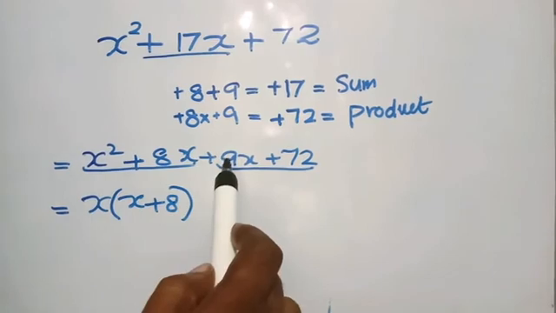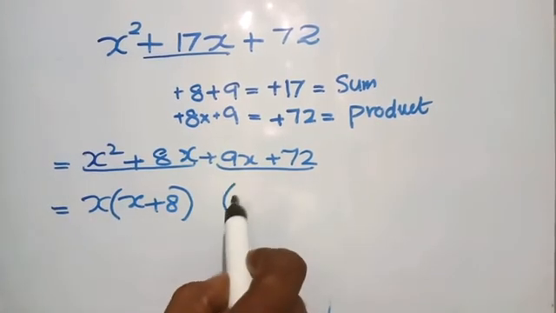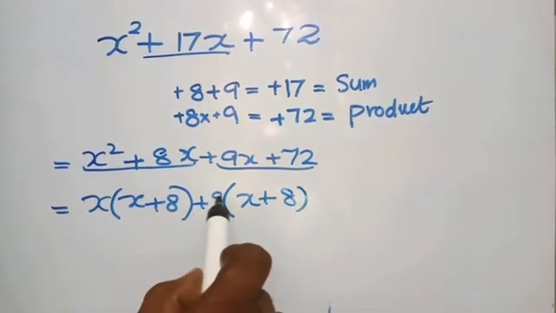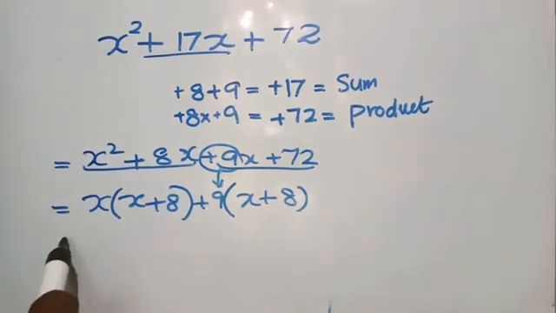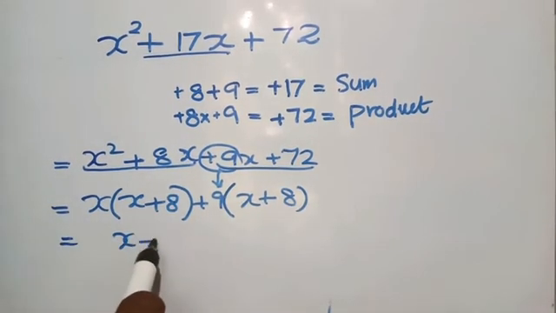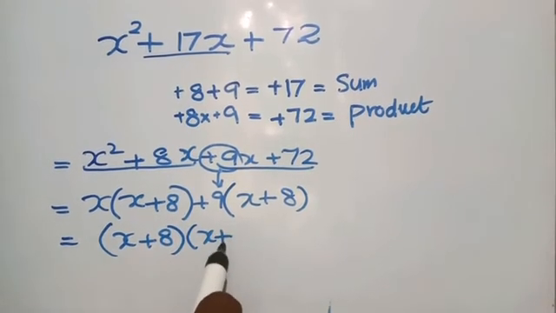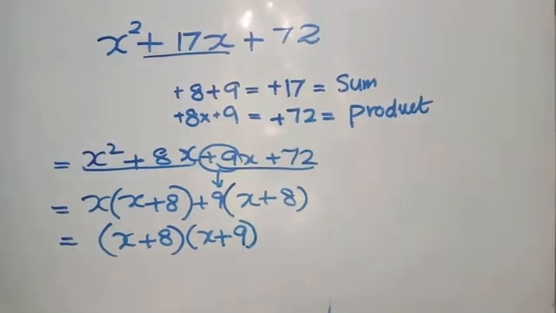In the second group, 9 is common, so in the bracket it becomes x plus 8, and this plus 9 comes here. So we get the result as x plus 8 into x plus 9.